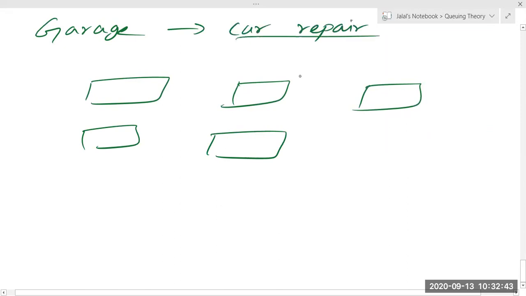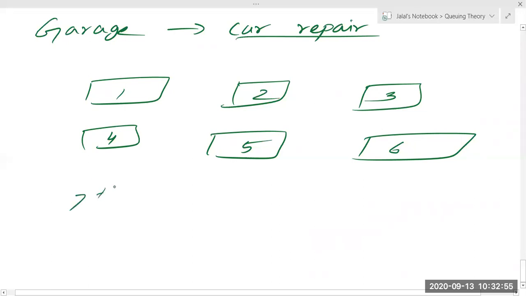Now suppose in a garage there are only 6 spaces. Now if there are only 6 spaces, can you get a 7th car into the garage? Is there a possibility of getting a 7th car into the garage or not? Can this 7th car get into the garage or not? No, sir.